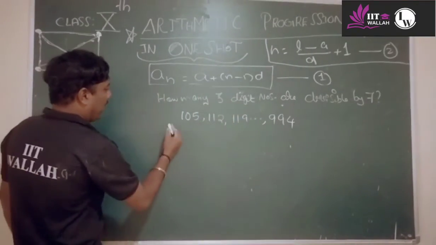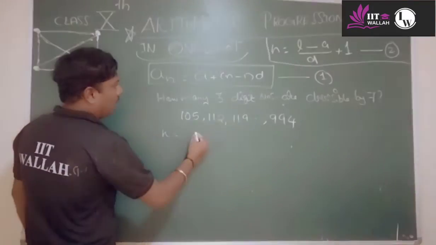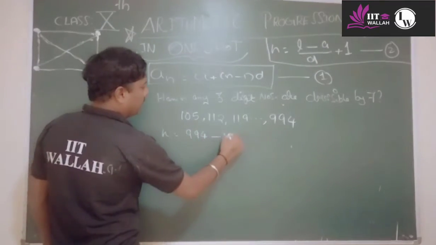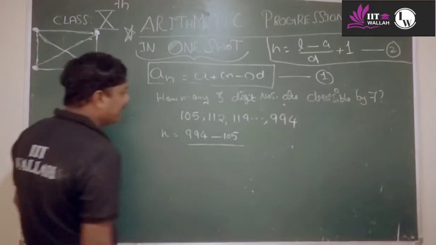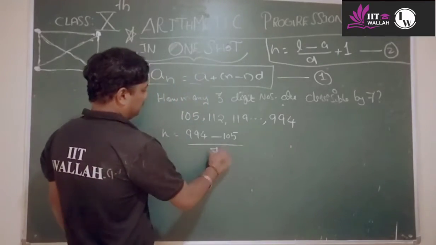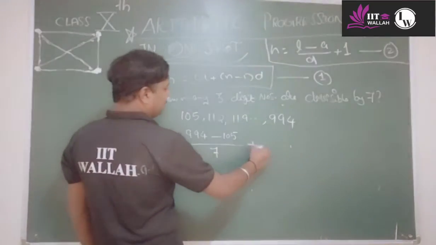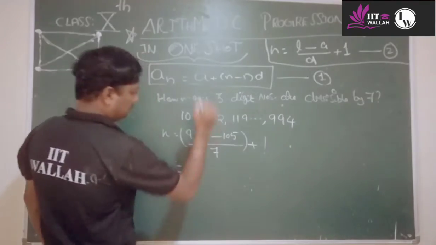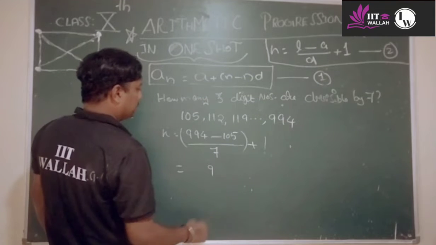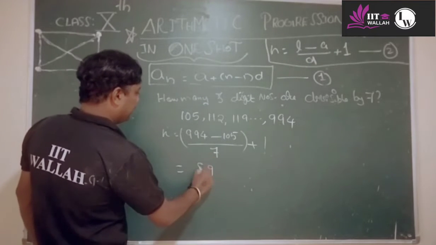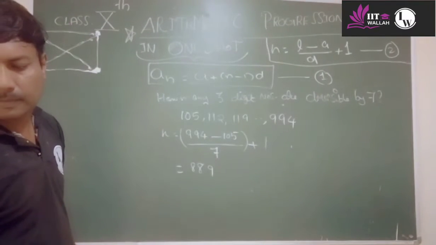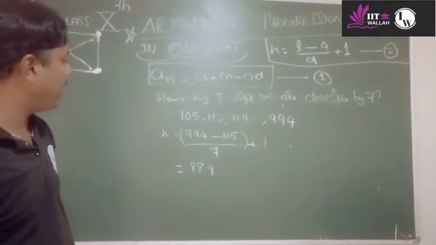So n is equal to, from this formula, 994 minus 105 by d. d is 7, since the numbers are divisible by 7.